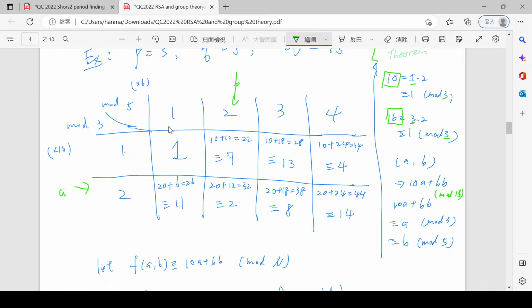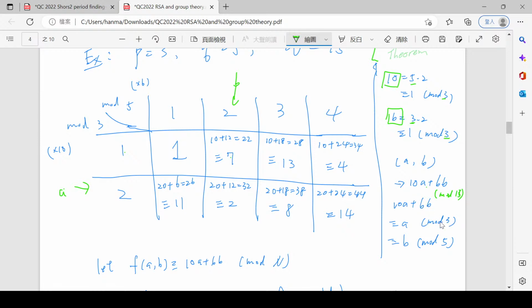And why does this give you the correct coordinate? That's because of how this behaves mod 3 and mod 5. So for 10 times A plus 6 times B, you want to divide this by 3. Then 6 is a multiple of 3, right?